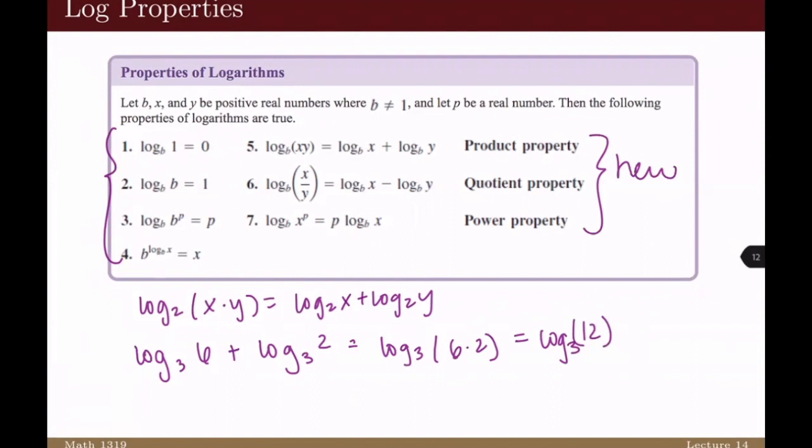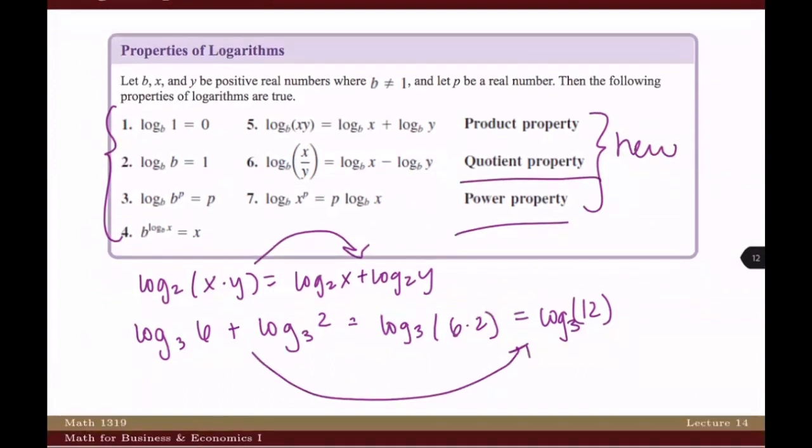We can separate from multiplication into addition, or we can go from addition into multiplication. And you can do the same thing with quotient and power property as well. Power property, I like to think of, you can just take the exponent and boop it out front. See, now there's that exponent. So if you had log of x squared, that's the same thing as 2 log x. You just put him right in front.